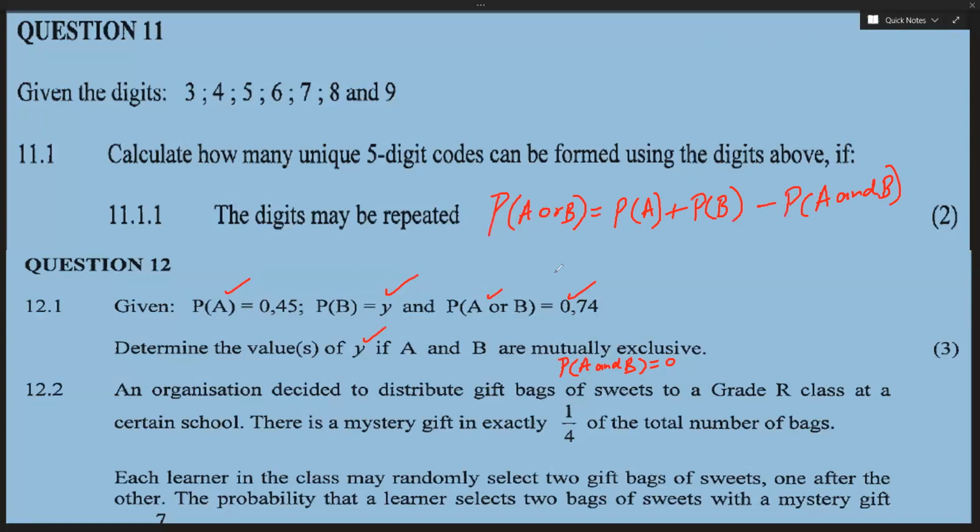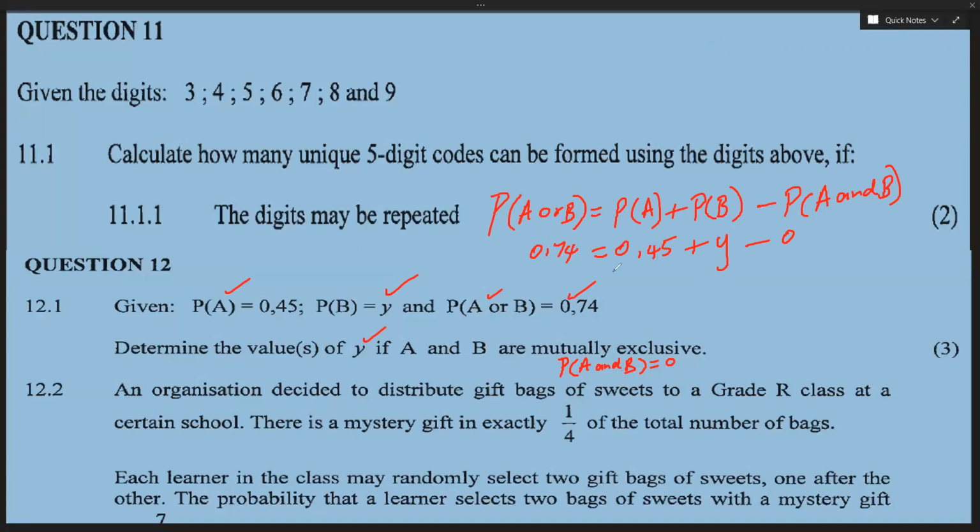Okay, perfect. Now we're going to substitute. P(A or B) is 0.74. Then P(A) is 0.45. P(B) is Y, minus P(A and B), it's 0 right there, because they said mutually exclusive.